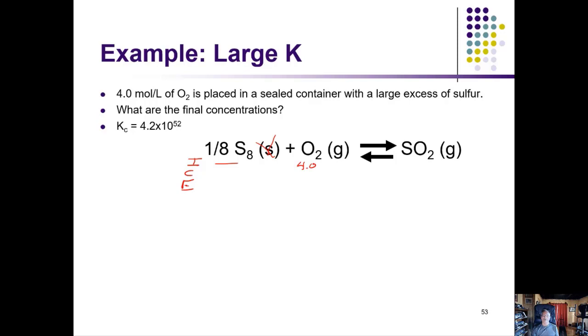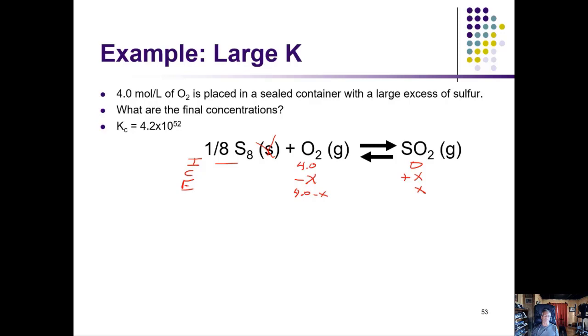It's some unit of pressure. We could still say 4 molar. It doesn't really make a difference at this point. The change is going to be, because the coefficient is 1, the change is minus x, the coefficient is 1, the change is plus x. And down here we're going to have 4.0 minus x, and then 0 plus x is simply x.